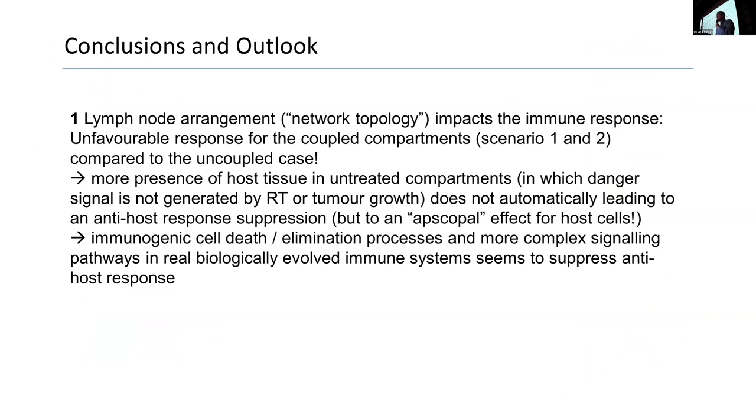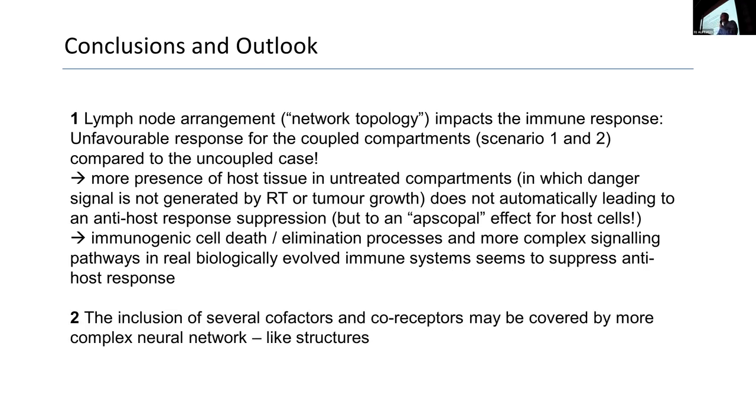This was not expected. So it seems that the complex mechanism of immunogenic cell death and elimination processes and the more complex signaling pathways with all the cytokines and all the co-receptors help the immune system to do the differentiation much better than in our model.